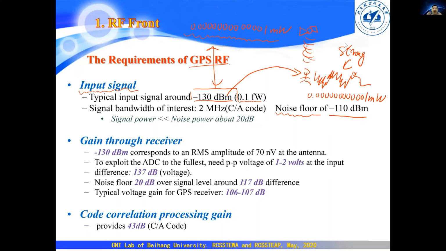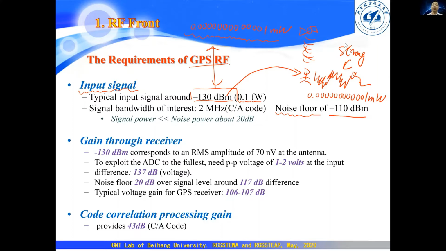But for the GPS receiver, what you receive is mostly noise, and the music is very small. What you need is to extract this information from under the noise. That is the challenge.